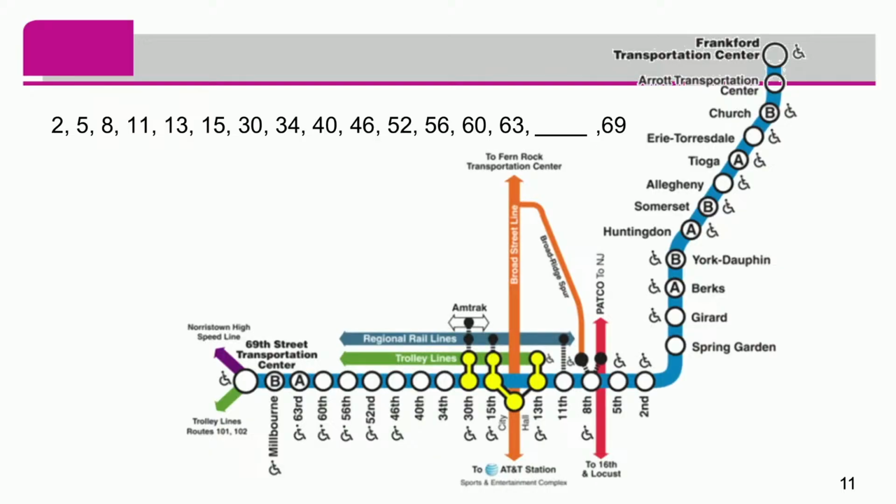And I was like, oh my goodness, I just realized what goes in the blank. So I don't know if you see what I see, but what happened was I would either take the trolley or I would take a bus to the 69th Street station and then take the blue line in to here. And up here is where Temple University is.